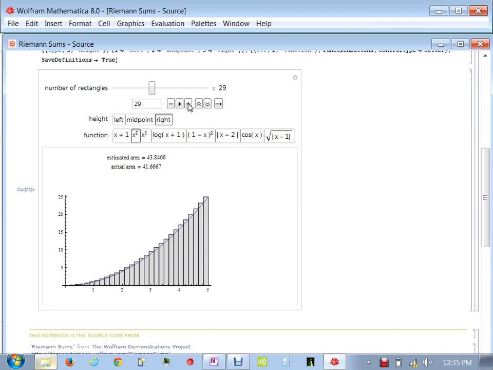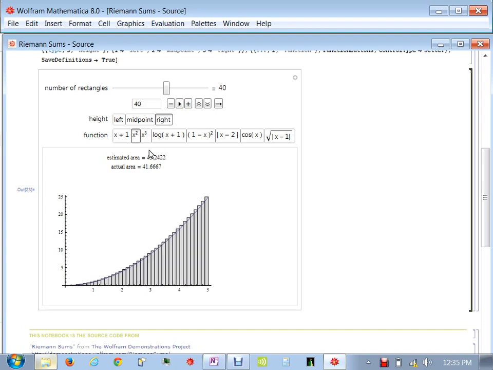But it's taking me quite some time to get there, right? More rectangles, better. That's what I want you to walk away from this with. The more rectangles we can get in there, the better the approximation is going to be. Everyone agree?